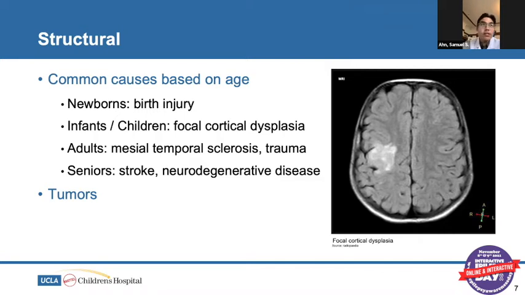In elderly patients and seniors, the most common cause of epilepsy beginning in the senior elderly period is strokes. And stroke affects individuals worldwide from all different backgrounds and with different risk factors.